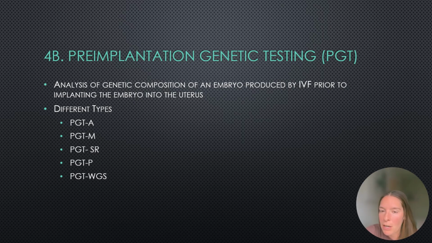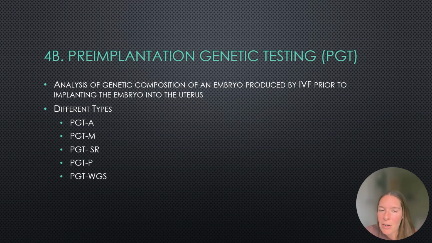PGT-M, we're looking for monogenic diseases, single gene diseases in these embryo samples. PGT-SR, structural rearrangements. That's the type that's utilized by gamete sources who have an inversion or a translocation. PGT-P, a controversial form of PGT, looking for polygenic diseases using polygenic risk scores. And then finally, the newest shiny PGT, that's PGT whole genome sequencing.